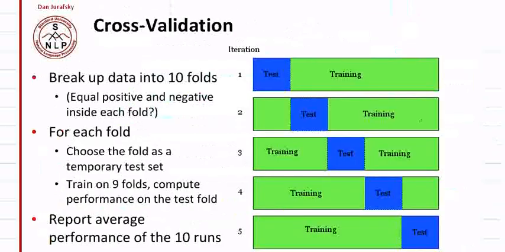So cross validation is sampling of test and training data from the whole corpus in such a way that, if we have n-fold cross validation, we divide the data into n parts, and then each of these n parts is taken one by one as the test data. So this is 5-fold cross validation: fold 1, fold 2, fold 3, fold 4, and fold 5.